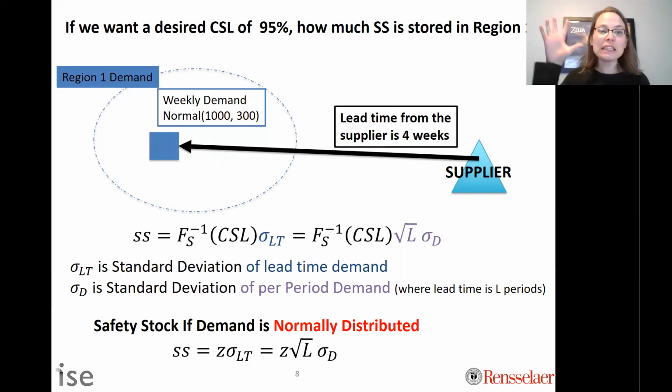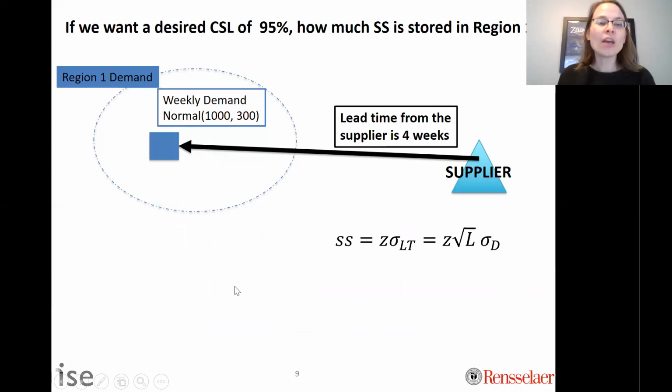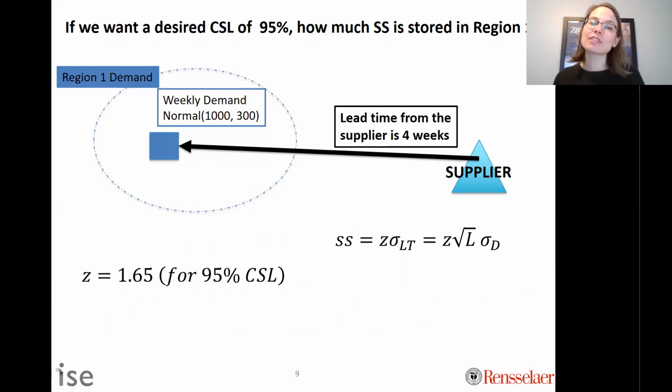So we get to use Z instead of using the cumulative distribution function, but we still need the standard deviation of lead time demand. All right, so let's use this equation. So again, what were we given? Well, we were given that the cycle service level was 95%. So we can go look up 95% on either a Z table or use norm.inverse.